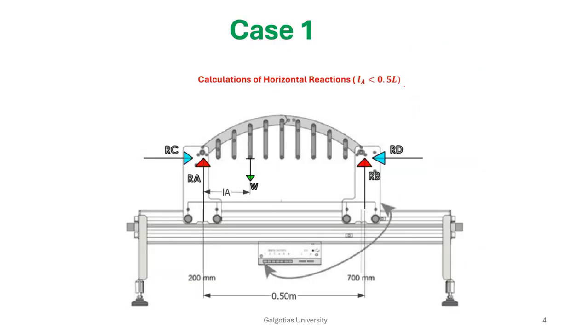Now you can see that we have two cases where this load W is applied at a distance LA from the left support, and this is case number 1. Now you can see that RC and RD should be equal and nullify the effect of each other, so that they are in opposite directions. Now we are going to calculate the value of RC or RD. They are equal, and the first case is LA less than 0.5 L.